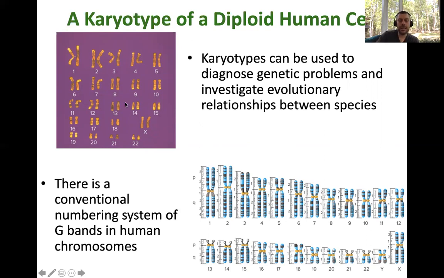And indeed, all of the banding patterns that you see here have been named and numbered for cytogeneticists, and that's what's shown down here in this schematic of all the chromosomes found in human cells. You can diagnose certain genetic problems using karyotypes and look at how chromosomes differ between different species, among other things, and that's why they perform these kinds of experiments.